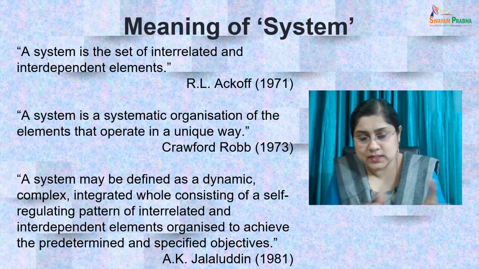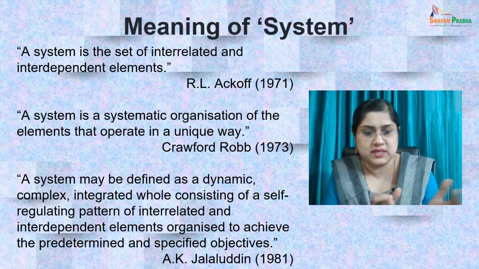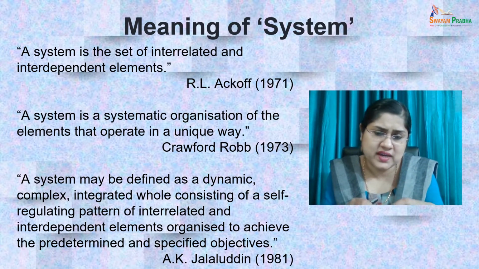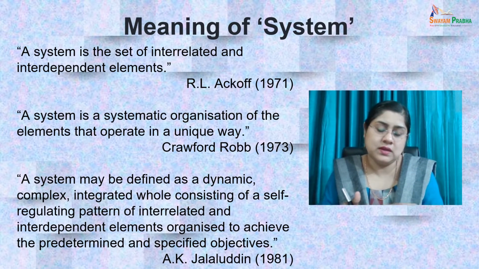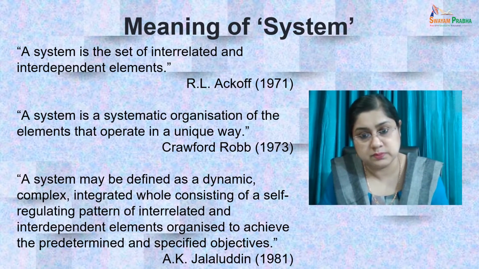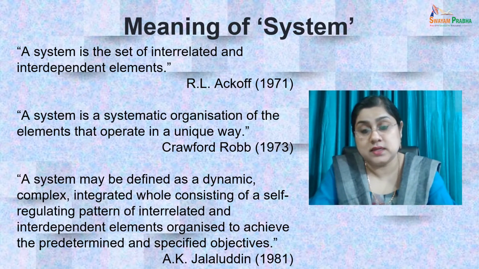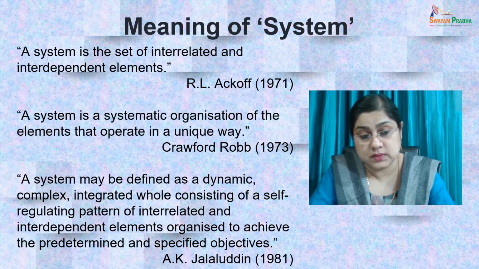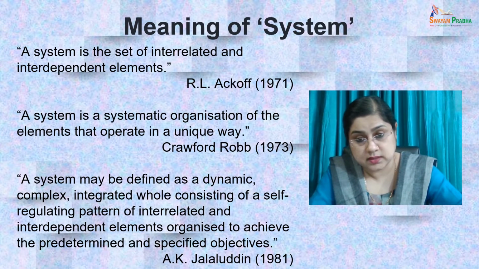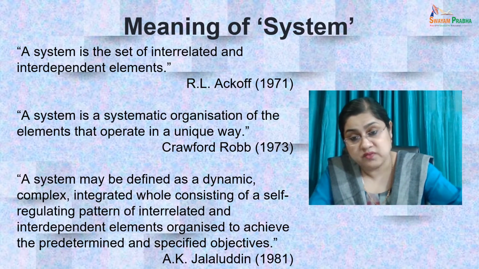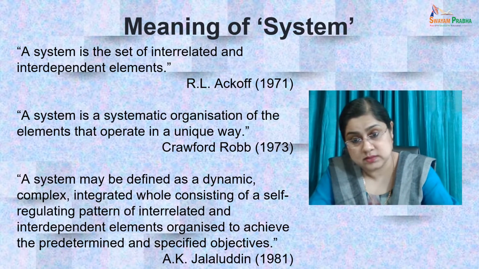If you see this particular definition given by Jalaluddin, you can find that it tries to explain a little bit more about a system, where he says that it's a dynamic organization or systematic organization. It can be a complex system.